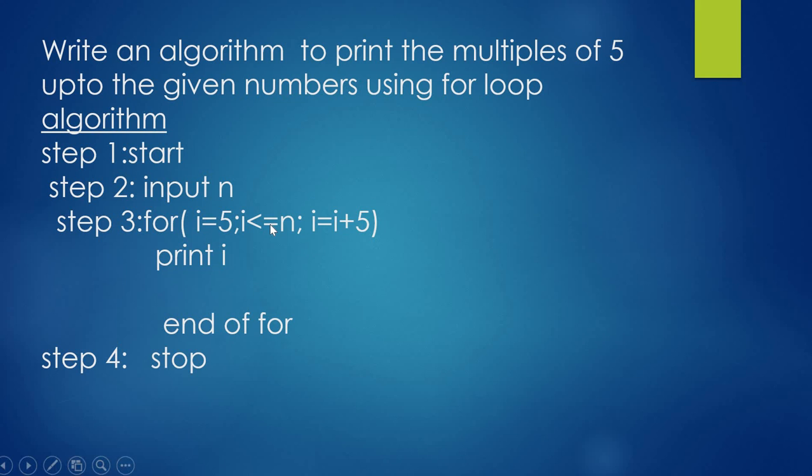Then checking the condition again. Then it is printing again, it is incrementing the value. That is, in for loop, first initialization, then condition, then it is coming to the statement. After that, it is incrementing the value.